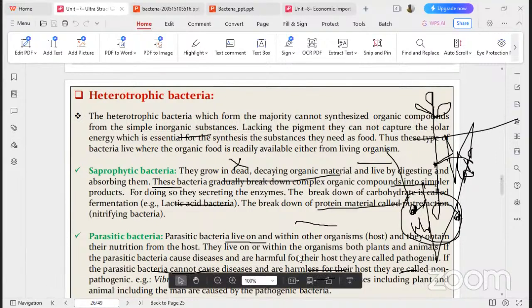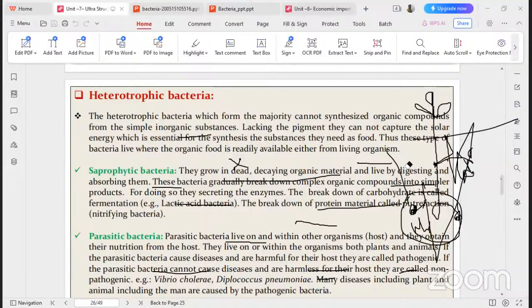There are so many plant diseases also, like crown gall disease and necrotic diseases. So many diseases are caused by bacteria to the plants. Those are all parasitic bacteria.